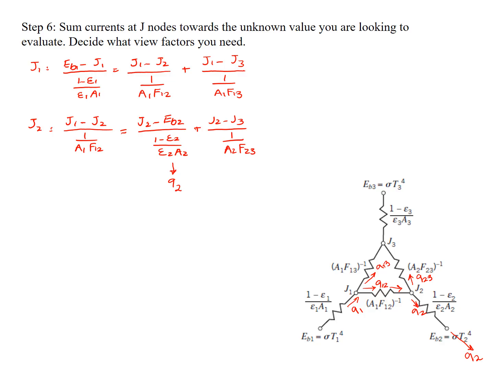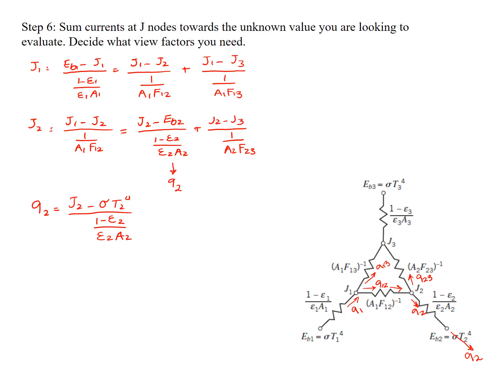For example, let's say I write the Q2 here separately: J2 minus Eb2, and if I want to expand it, it's going to be J2 minus the Stefan-Boltzmann constant times T2 to the power of 4, divided by (1 minus epsilon 2) over (epsilon 2 A2).